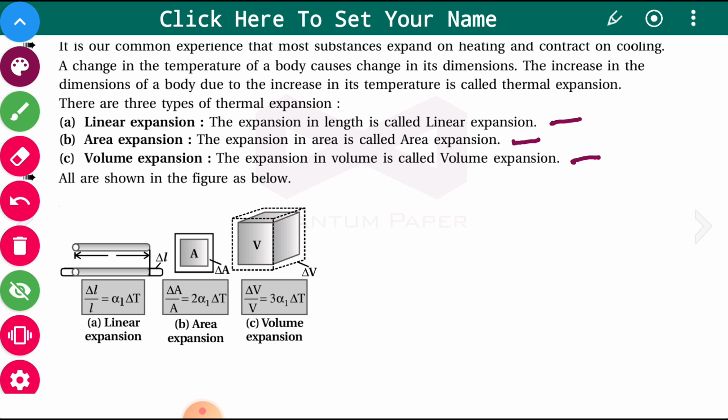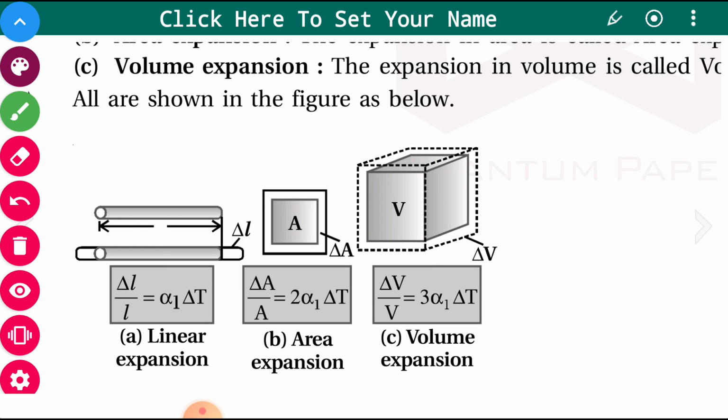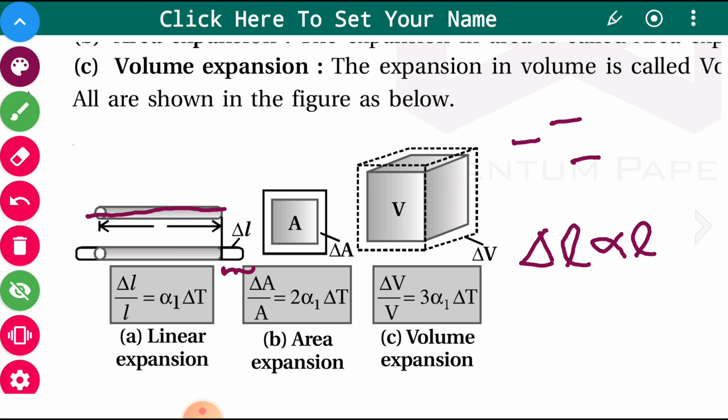Say you have a rod whose initial length is L, and a slight increase is there, that is delta L. This increase is directly proportional to the original length and the change in temperature.